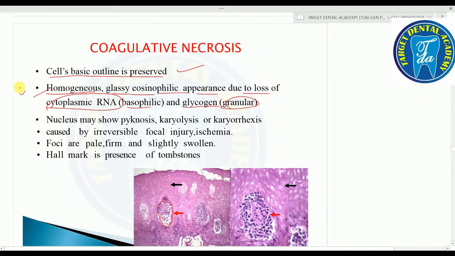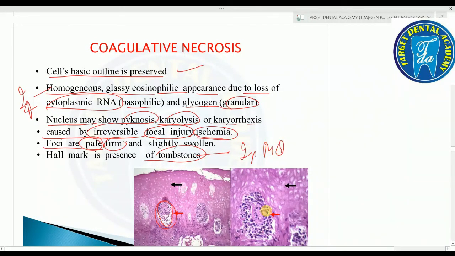Important point: the nucleus may show pyknosis, karyolysis and karyorrhexis. It is caused by irreversible focal injury or due to ischemia. The foci are pale, firm and slightly swollen. The hallmark is the tombstone appearance, important for your MCQ.